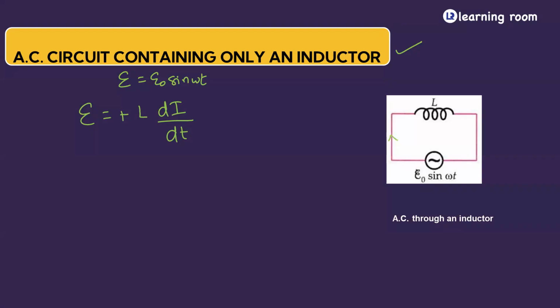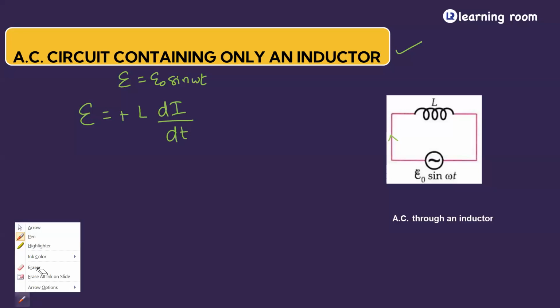Then the back EMF will induce the current in the opposite direction. Whereas if the current is decreasing, the induced EMF will support and the current will be in the forward direction. Having said that, I'll tell you how this equation has actually come.